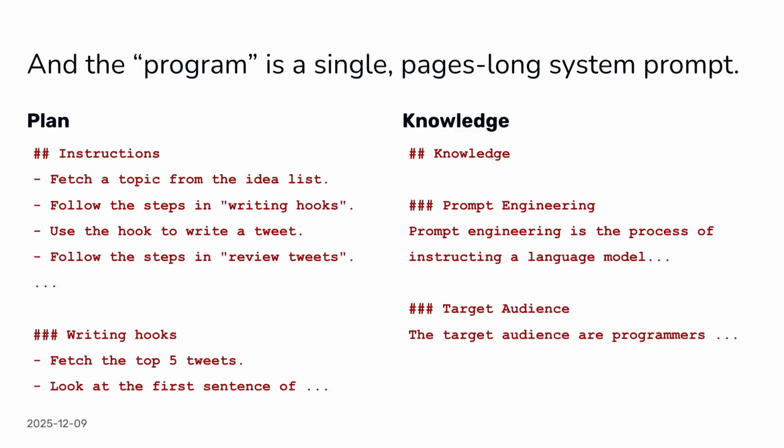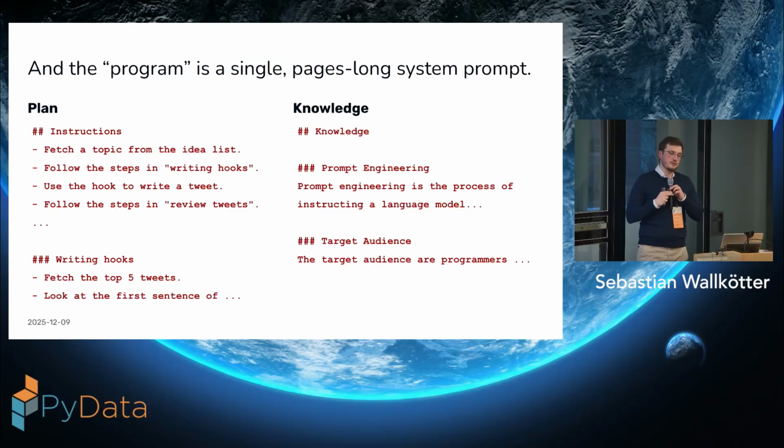The section on instructions is literally just a bullet point list of do this, then do this, then do this. And if that gets really long, sometimes you will add subsections that have specific instructions singled out. Then instead of saying do this in your main instructions, what you say is follow the steps in this subsection. That's the instruction side.